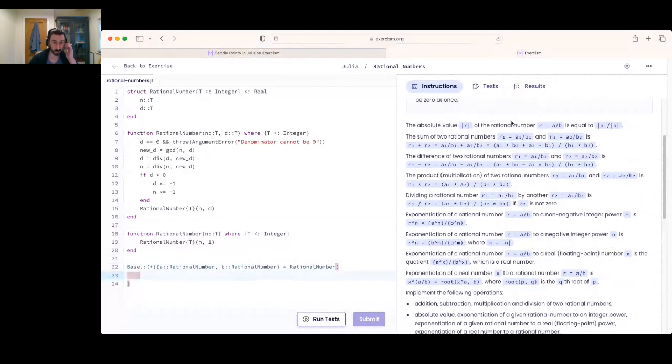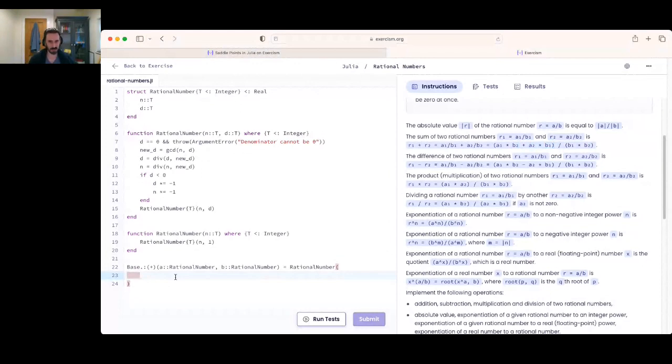Where's our addition? So the sum of two numbers, where R1 is A1 over B1 and R2 is A2 over B2, is R1 plus R2, which is A1 over B1 plus A2 over B2, is equal to A1 times B2 plus A2 times B1. I'm trying to visualize that in my head, but that seems fairly straightforward enough.